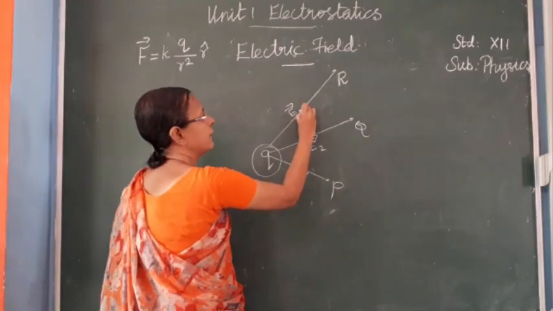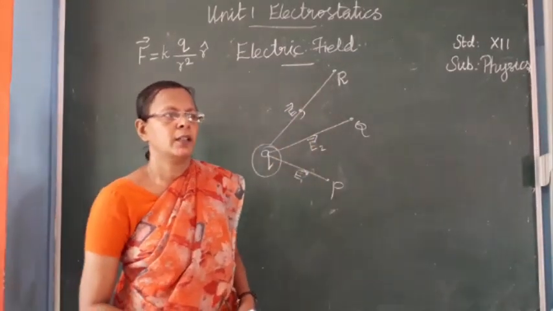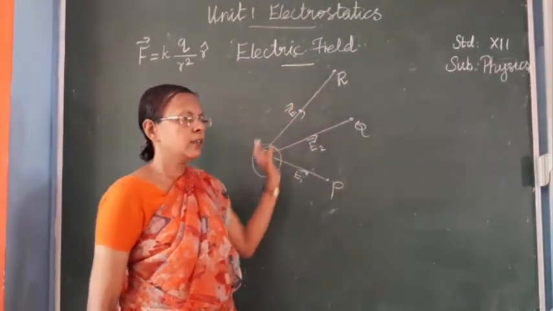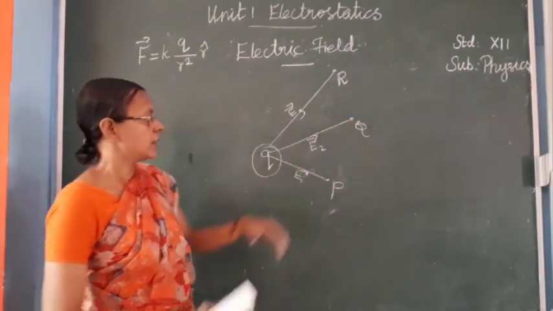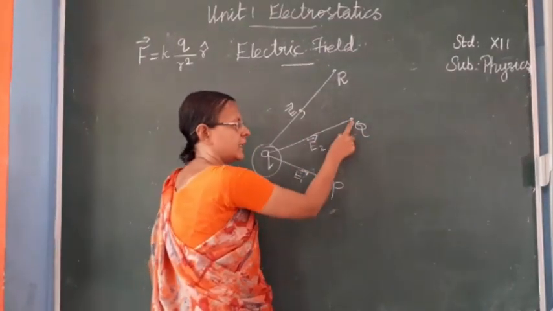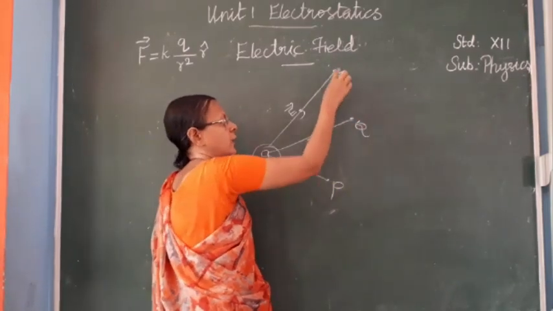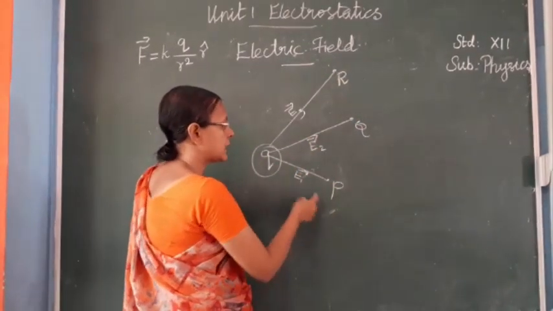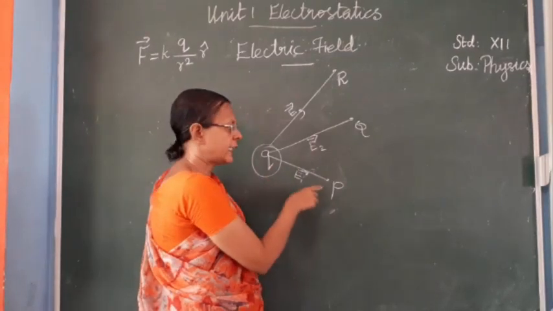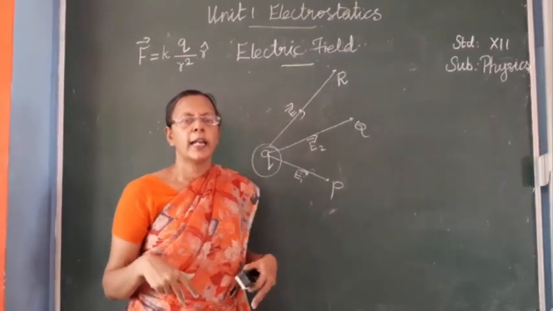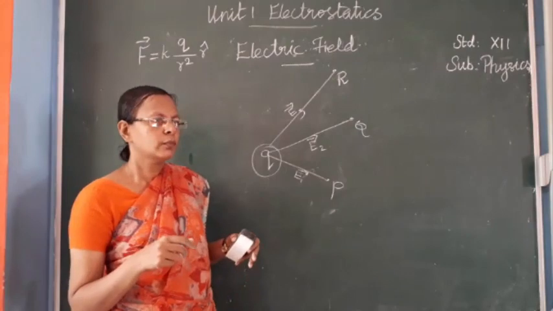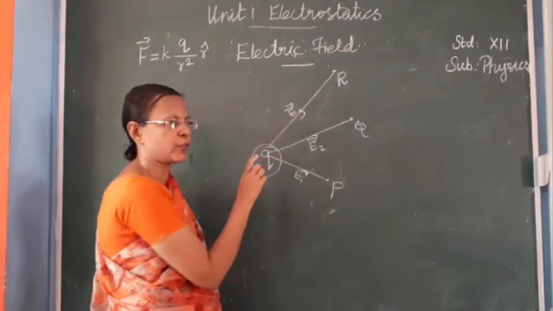All are at different distances. Here one point charge is there, here one charge is there. These are the test charges. But the one near the source charge experiences more electric field and exerts more force.